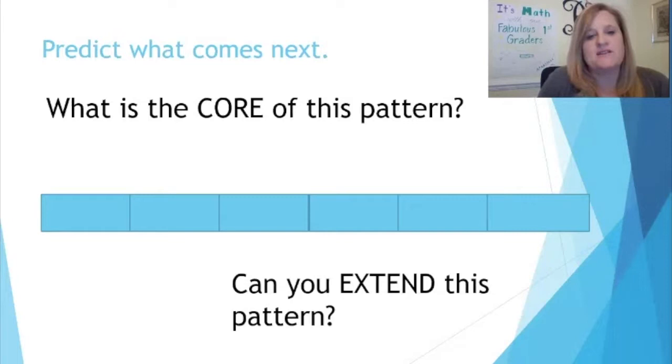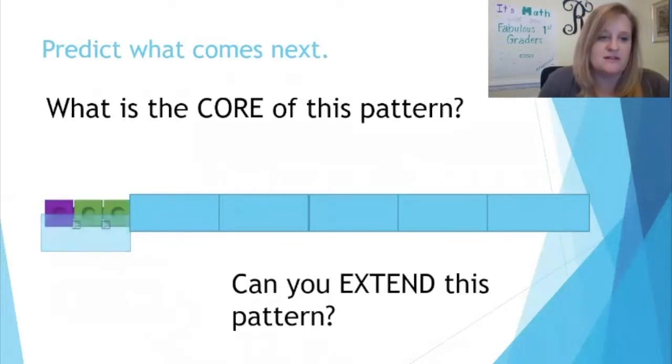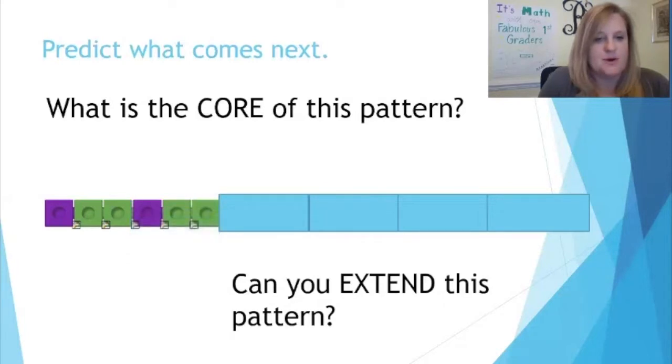It says, what is the core of this pattern? So let's go ahead and look at the beginning of this pattern. Our last pattern was a color pattern. This is a color pattern again. So we have purple, green, green, purple, green, green, purple, green, green.